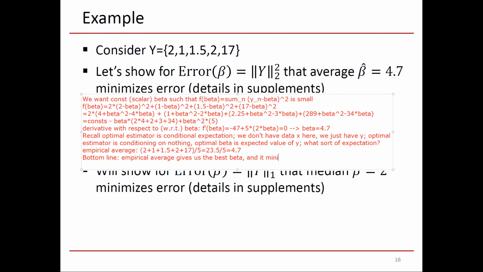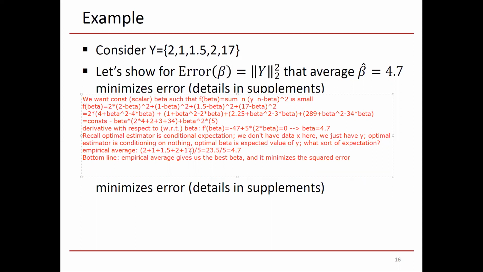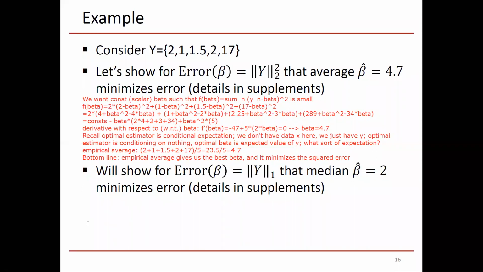Recall, both times we got 4.7. All right, so that's squared error. But what about the L1 norm of Y minus beta? Okay, so let's derive this.